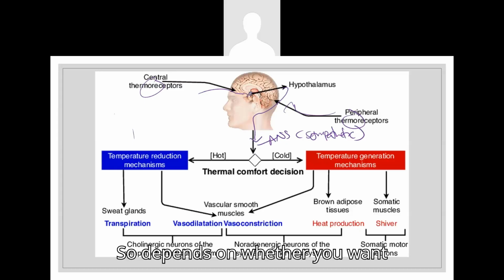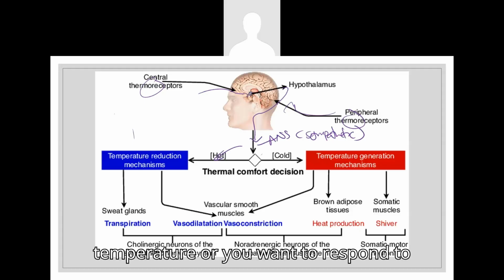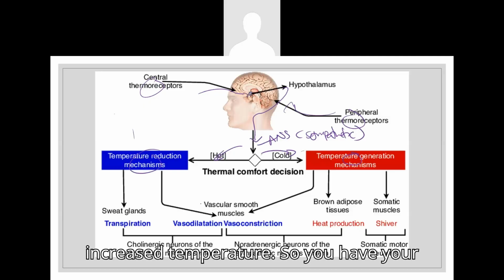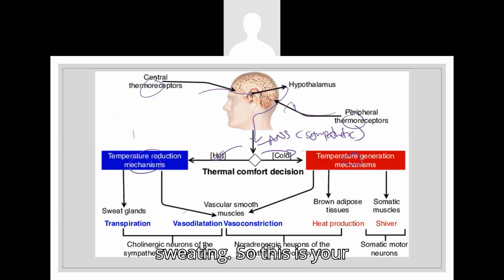Depending on whether you want to respond to hot temperature or cold temperature, you have this mechanism for reduction of temperature and for increased temperature. So you have your sweating. This is your cholinergic sympathetic.